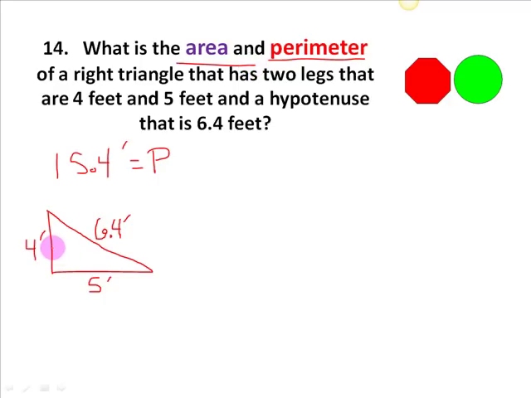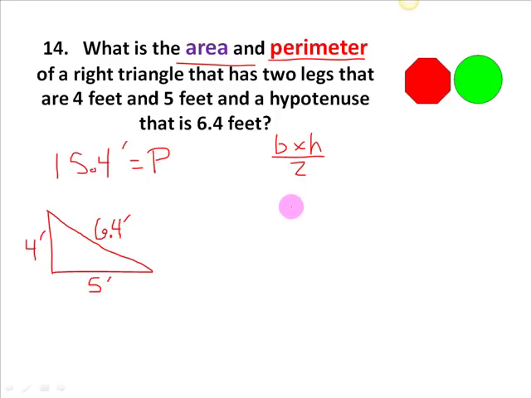Well, in order to find the area of that, we need to know the formula. And the area formula for a triangle is base times the height, all of that divided by 2. And it's a formula, so we just plug in the numbers.